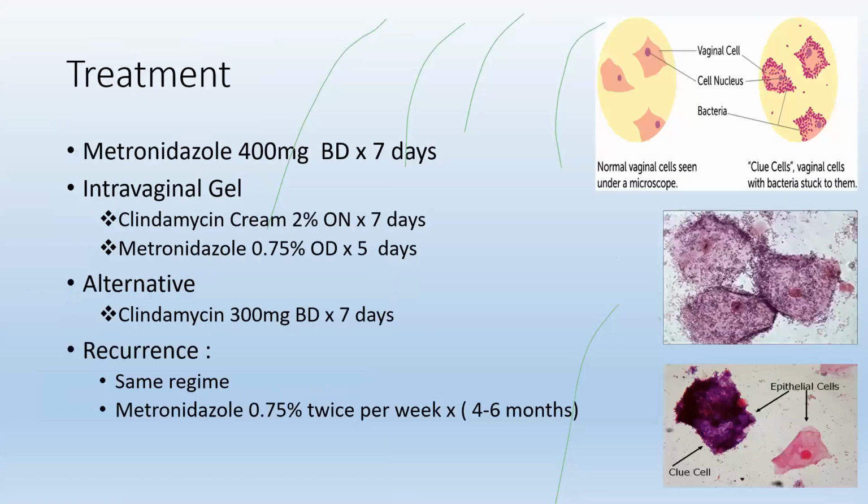So treatment: metronidazole 400 mg BD for 7 days, intravaginal gel, clindamycin, metronidazole gel, alternative clindamycin oral. If it's recurred, you can use the same regime, or you can use the metronidazole cream or gel, 0.75% twice per week for 4 to 6 months.